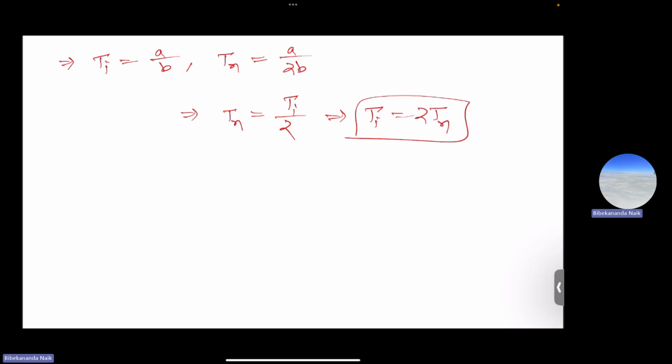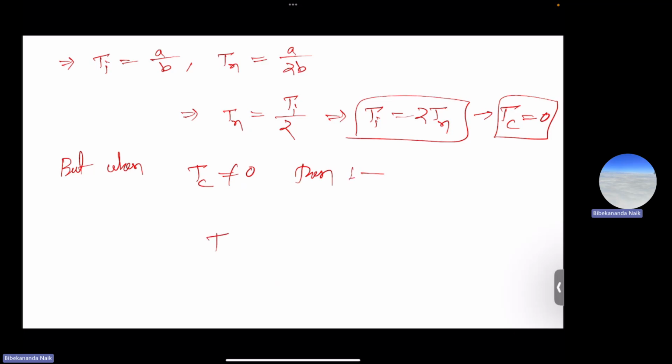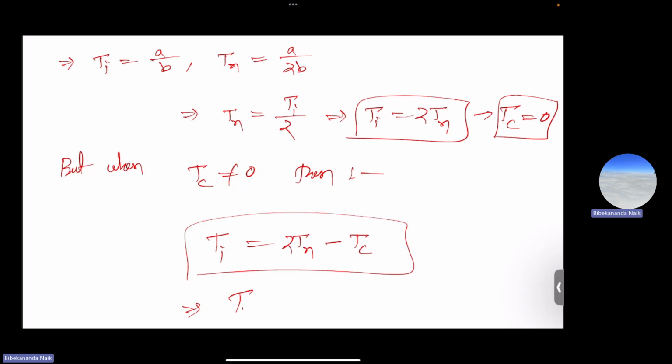Now this is valid when the cold junction is at temperature T equal to 0, but when Tc is not equal to 0, then Ti is 2Tn minus Tc, or we can say Ti minus Tn equals Tn minus Tc.